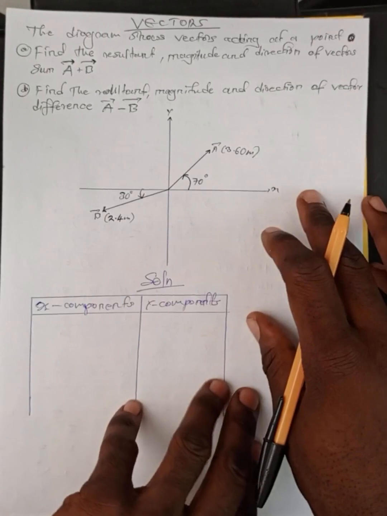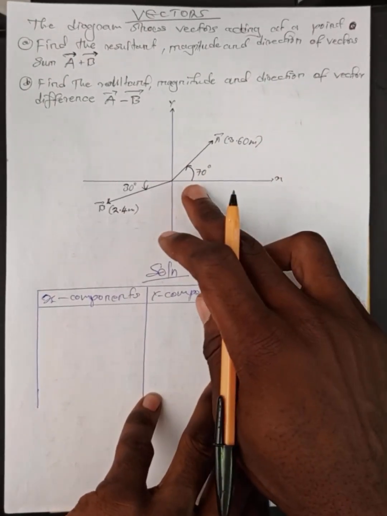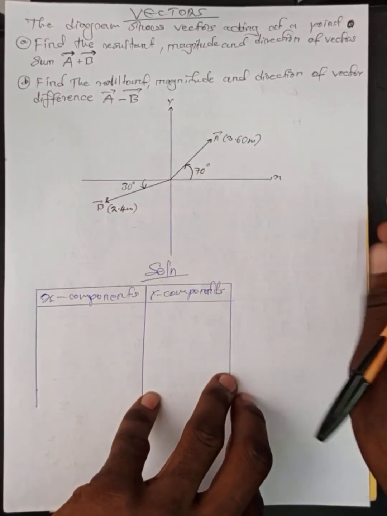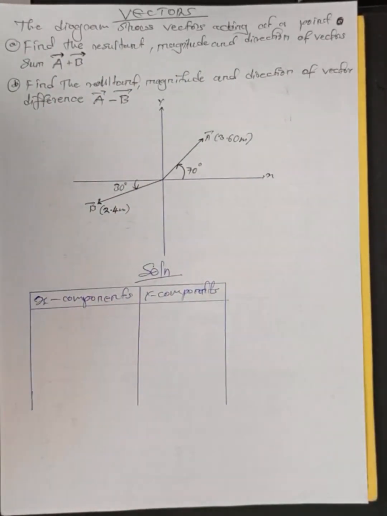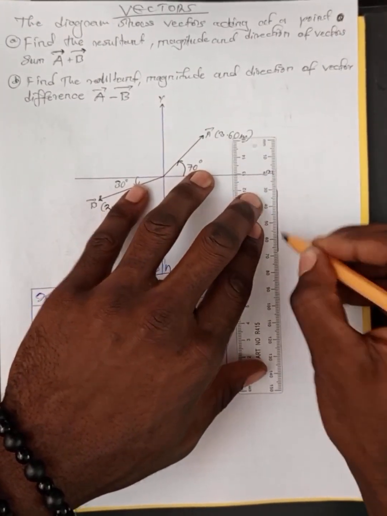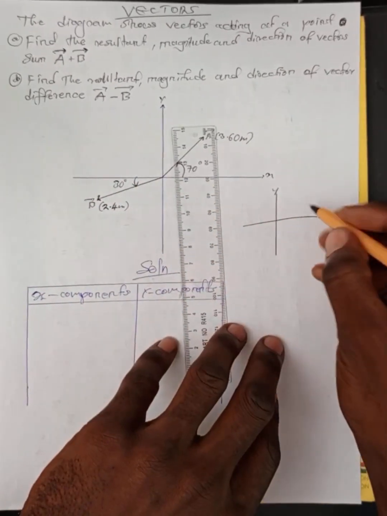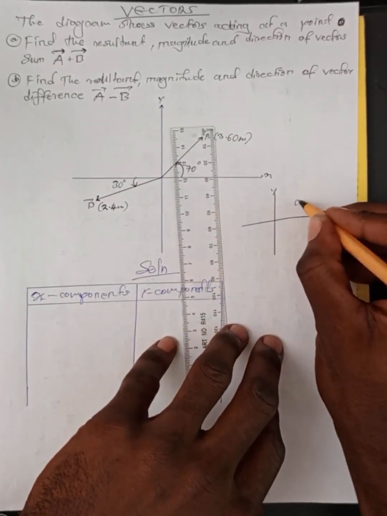Before you go any further, you should know that we measure the angles from the x-axis. This is the x-y plane. This is the first quadrant, where there is 90 degrees.